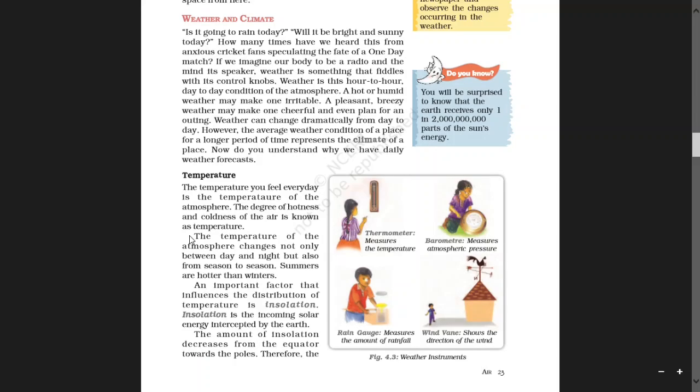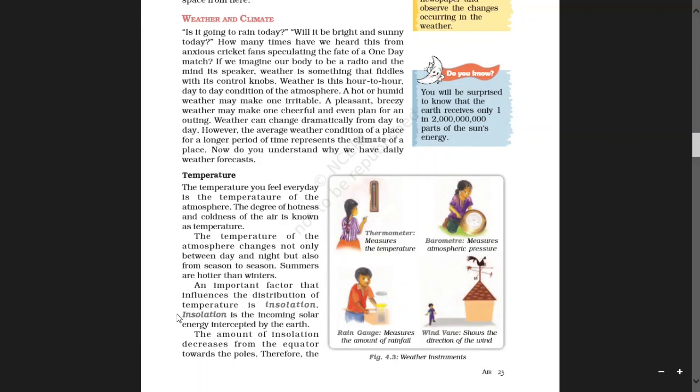Okay, let us continue the remaining part of temperature. We find what? Summers are hotter than winters. During summer, we find days are hotter compared with the winter days. An important factor that influences the distribution of temperature is insolation.